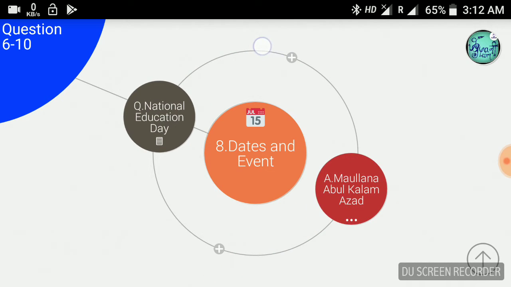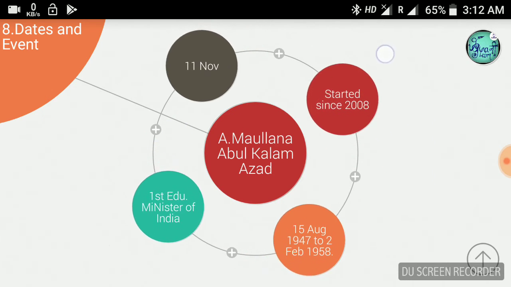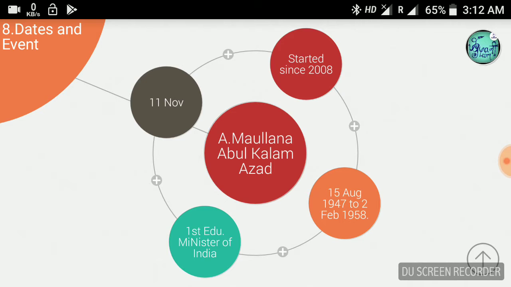The question was: in whose memory do we celebrate National Education Day? The answer was Maulana Abul Kalam Azad, and I want to share some facts about him. His birth anniversary is on 11 November. On 11 November we celebrate this auspicious day, which started in 2018 through the efforts of the HRD Ministry of India.